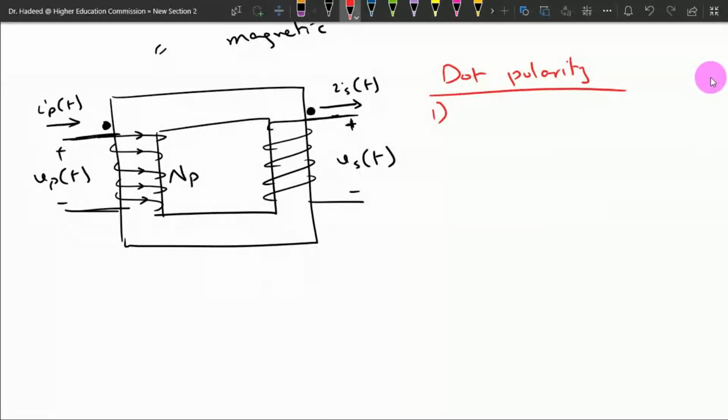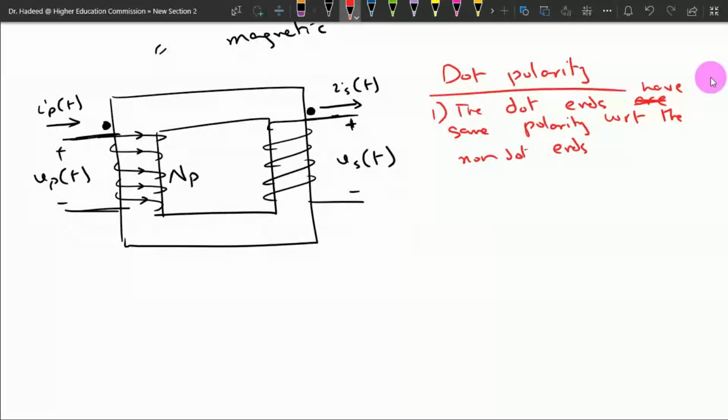Number one, on both of the sides, whether this NP or NS, the dot ends have the same polarity with respect to the non-dotted ends.